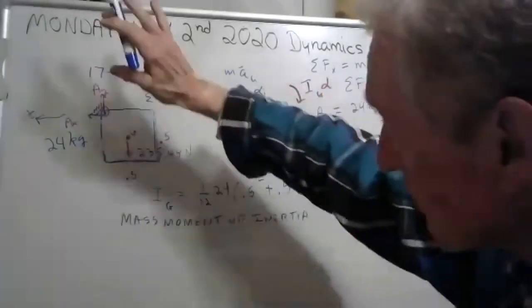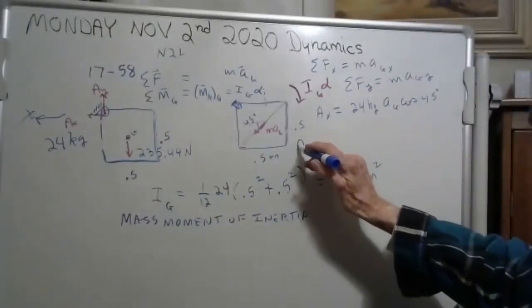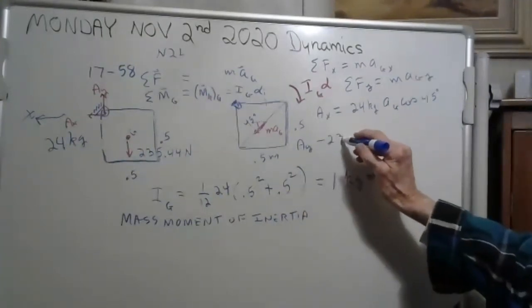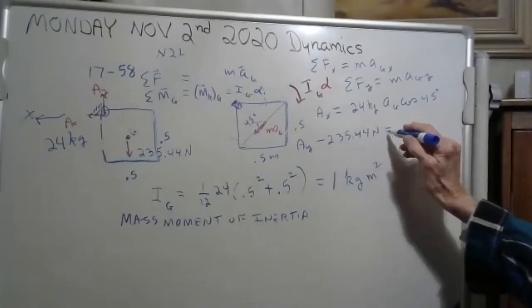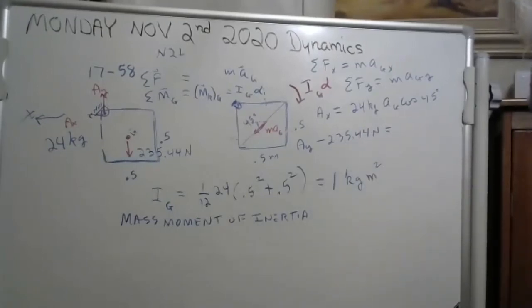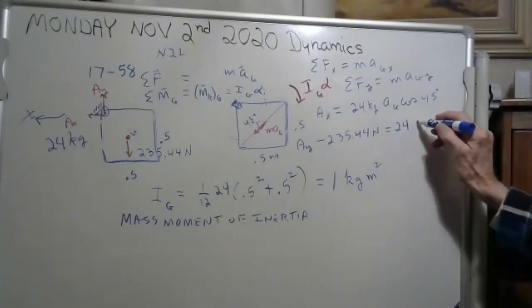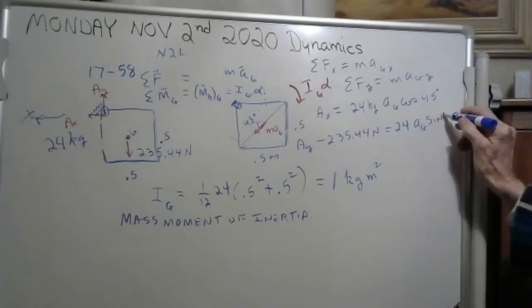Now I picked y going up, so that's fine. So let's write that. We have A_Y going up minus 235.44 equals, well, this would be m a_G sine of 45.